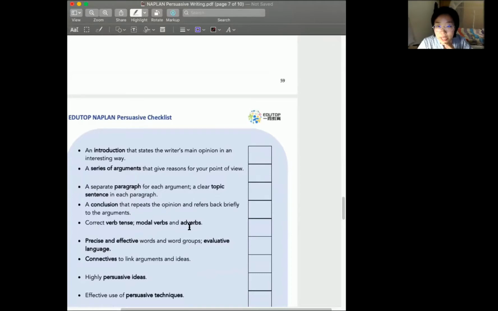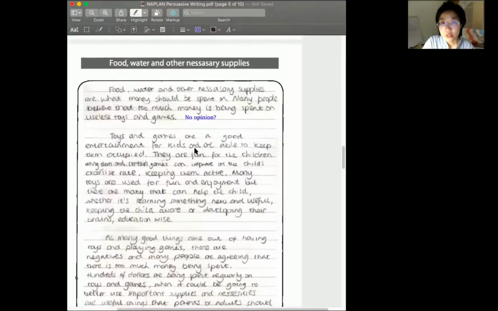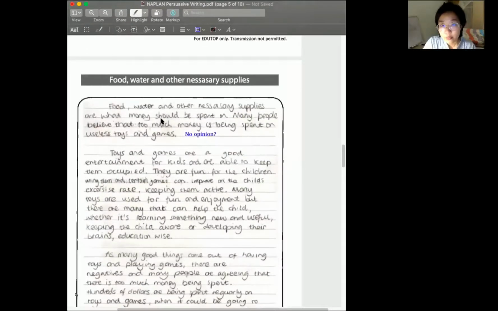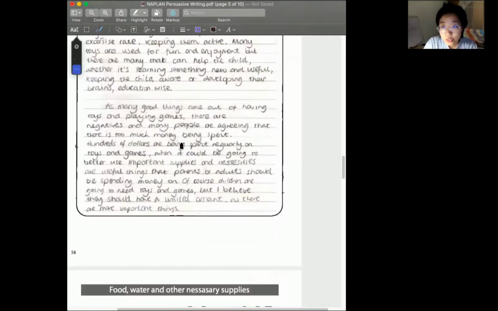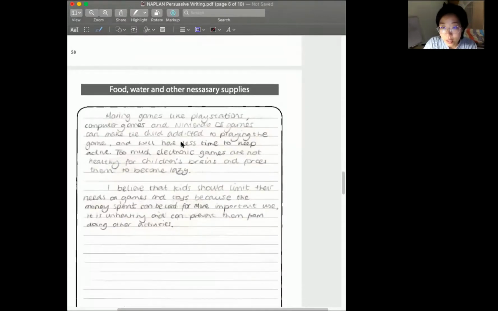Modal verbs and adverbs. Can you find any modal verbs first? And adverb use. For modal verbs, you can find one in the first paragraph over here: should. And in the last paragraph, I think somewhere here, should.